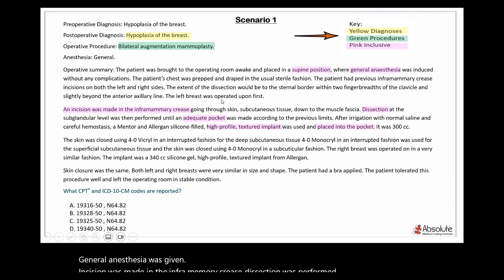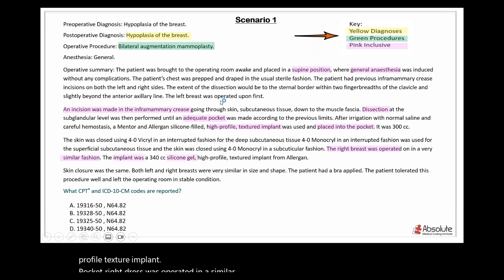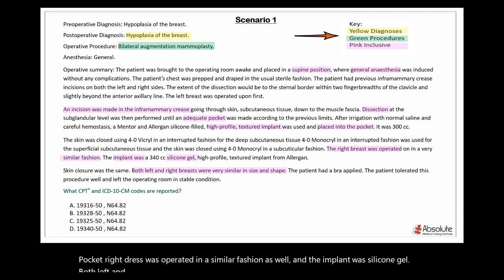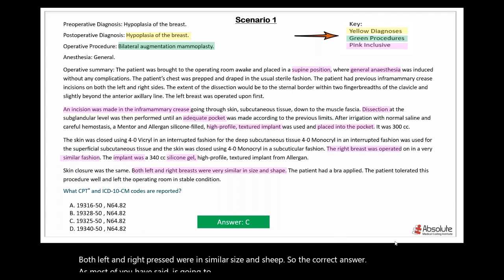Adequate pocket, high profile textured implant placed into the pocket. Right breast was operated in a similar fashion as well. And the implant was silicone gel. Both left and right breast were in similar size and shape. So the correct answer, as most of you have said, is going to be option C.